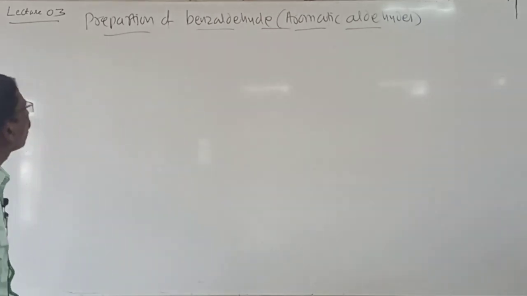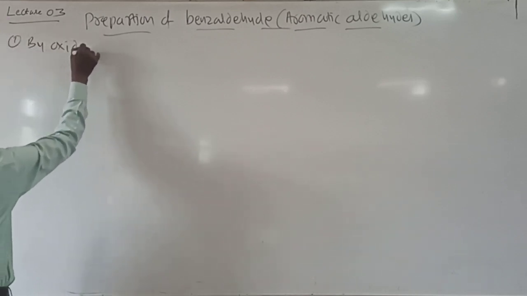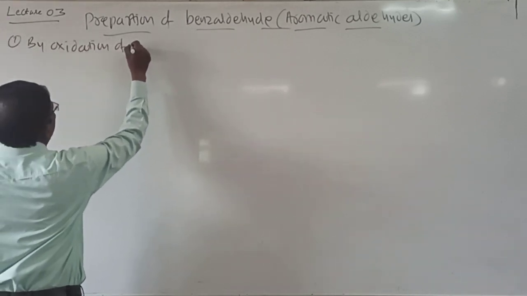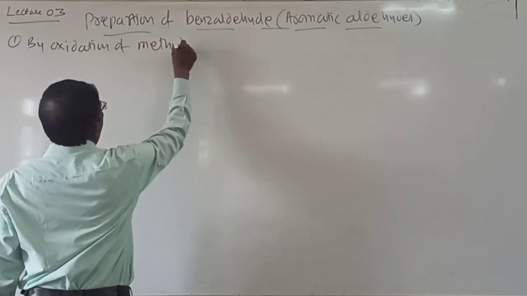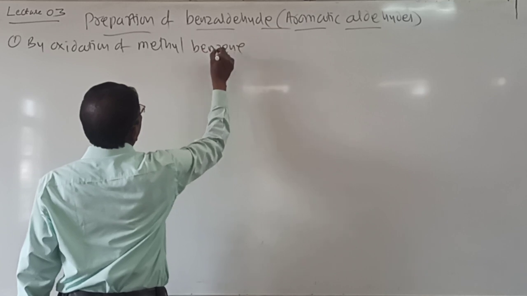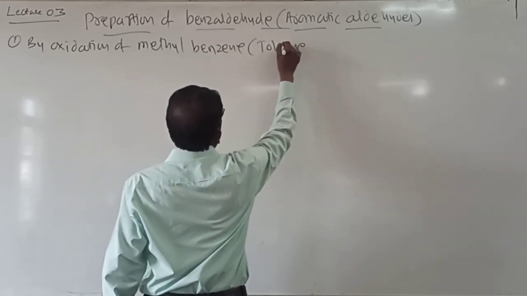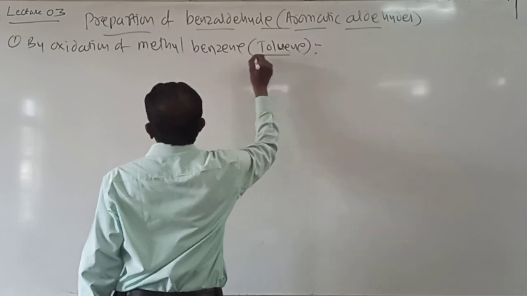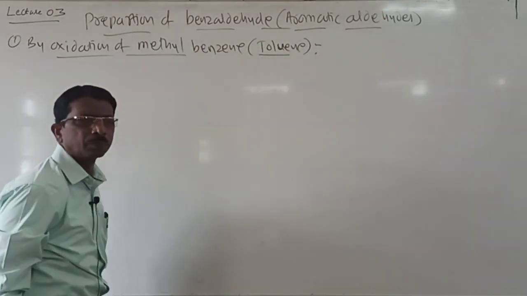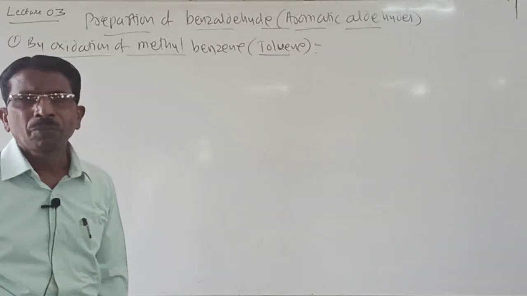Number one, by oxidation of methyl benzene, or it is also called toluene. So look here, students, methyl benzene, that is toluene.